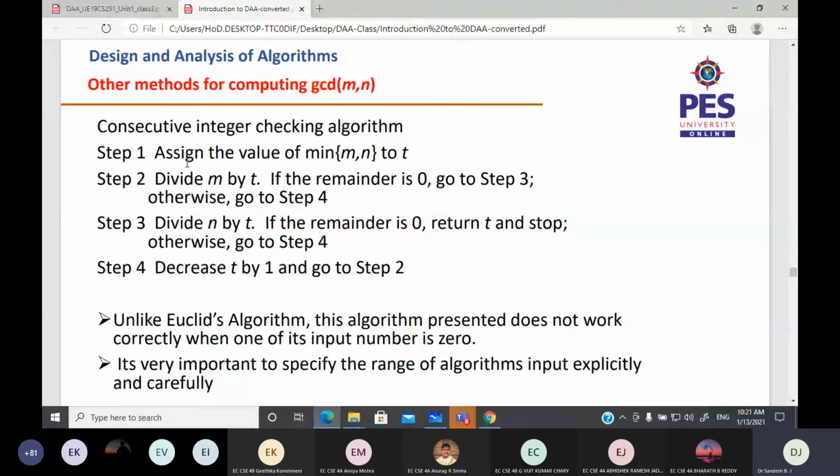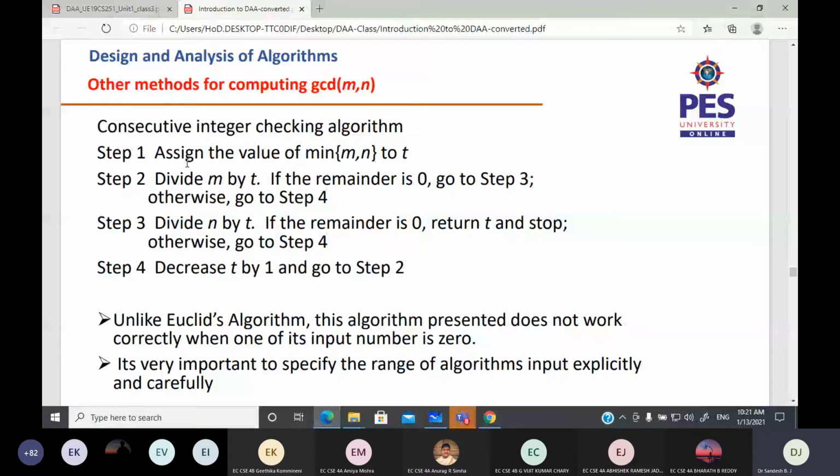In step 2, we will divide the first number by T. If the remainder is 0, we will go to step 3. In step 3, we will take the second number and divide it by T, the smaller number in this pair. If the remainder is 0, then we will return T as the GCD of these two numbers and stop the algorithm.